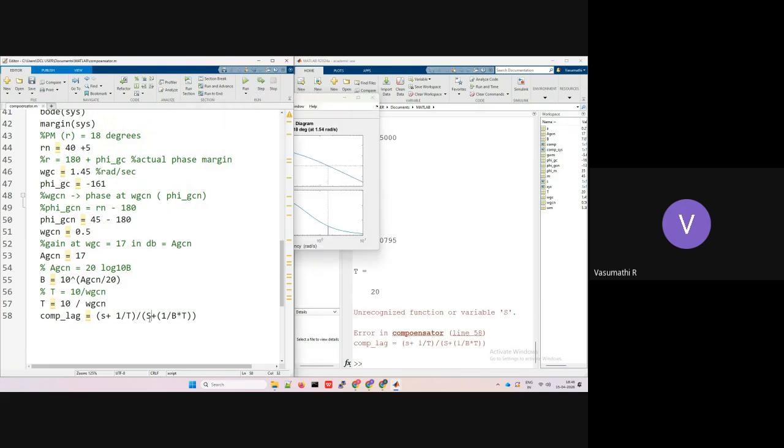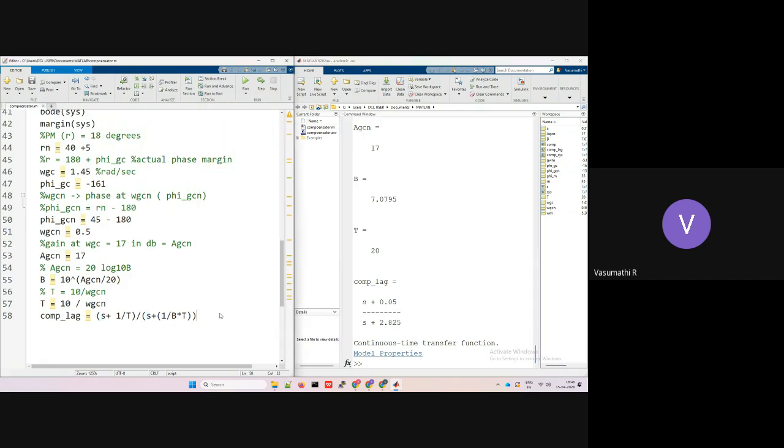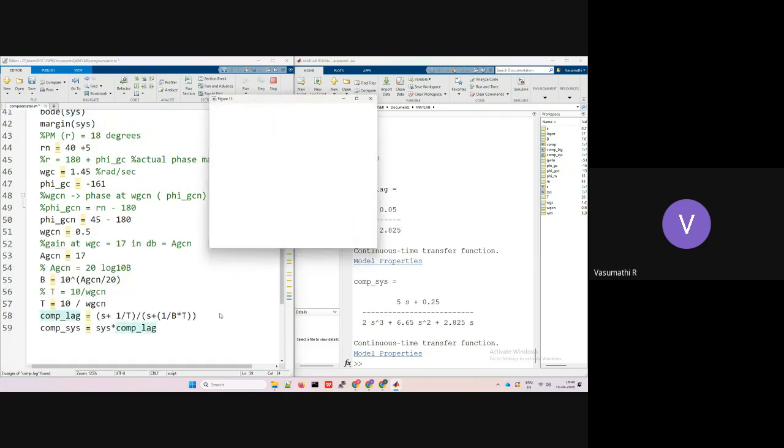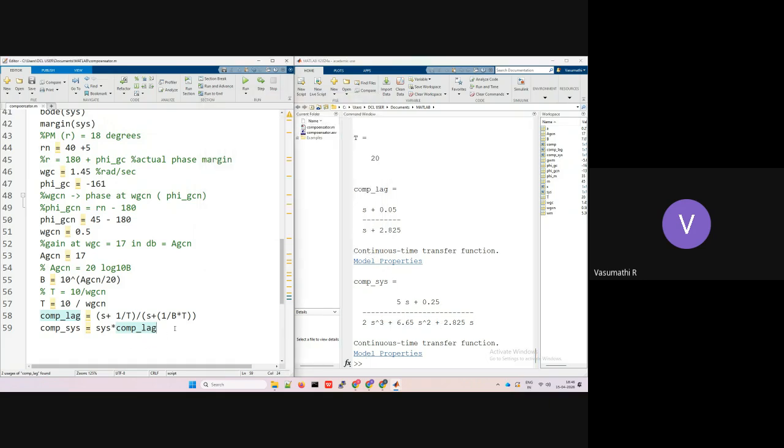This is my lag compensator: S plus 0.05 divided by S plus 2.85. Now the compensated system is equal to my system into the compensated lag. So this is my compensated system. It comes around S power cube or something.